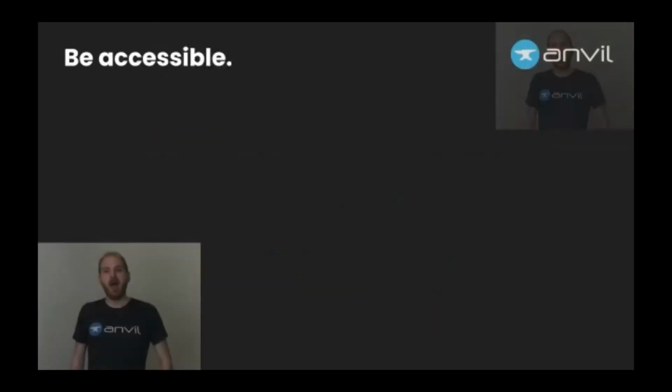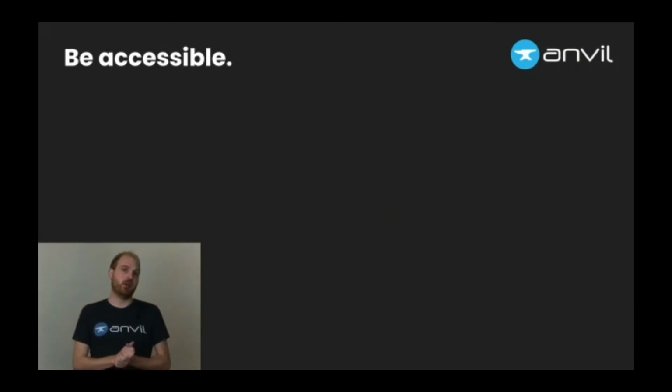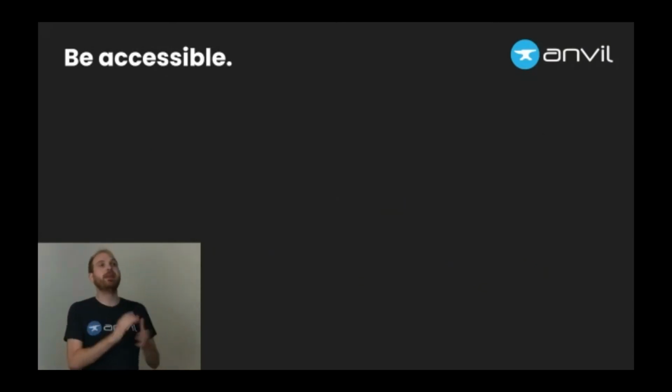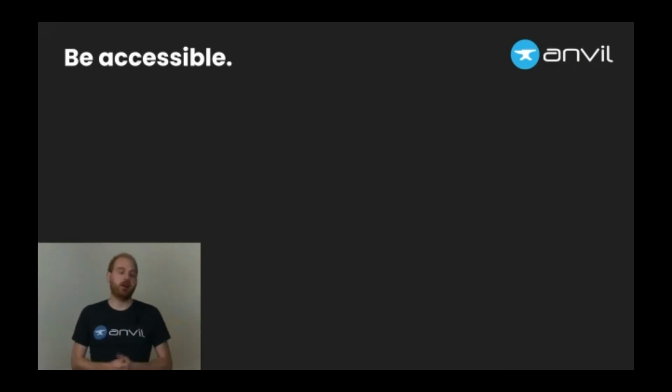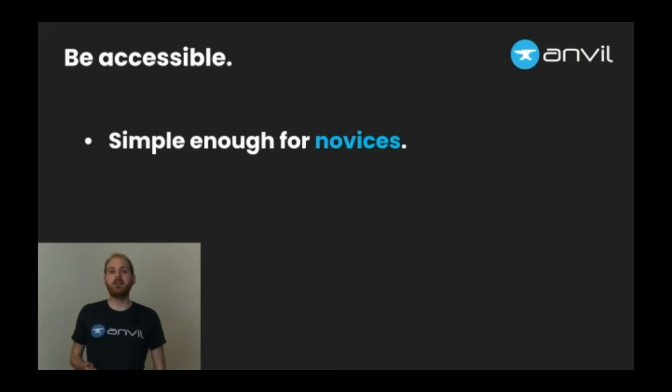The second and most important, I think, principle is to be accessible. And if I went out onto the street, onto the floor of a programming conference and asked what accessibility meant, I might get answers like, well, that means it's simple enough for a novice to use. And it's not wrong.